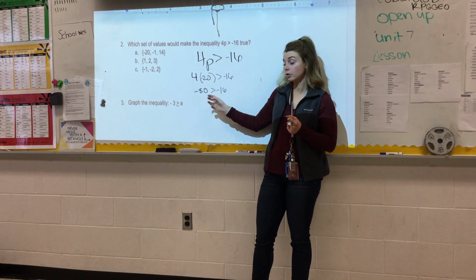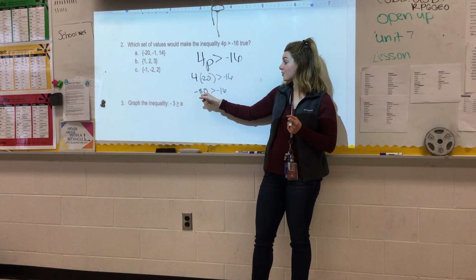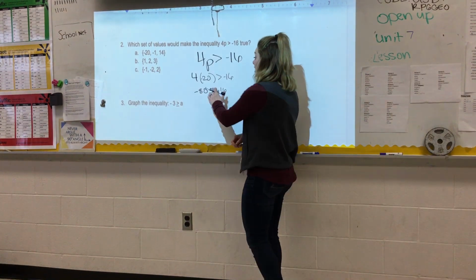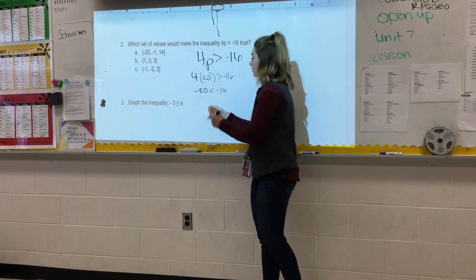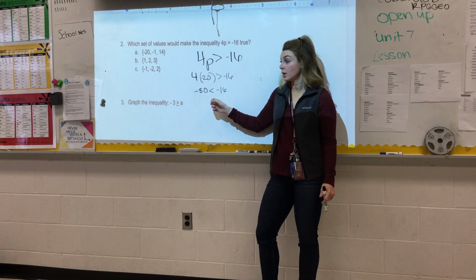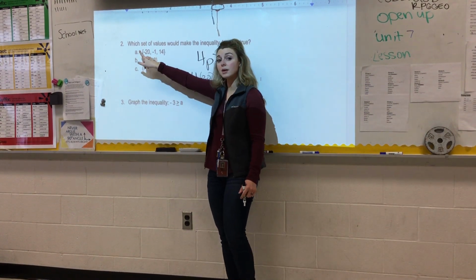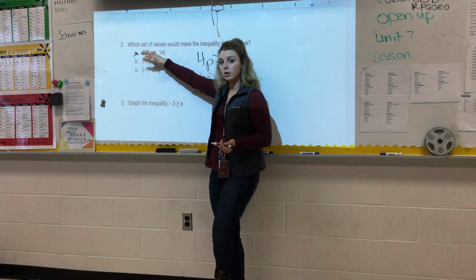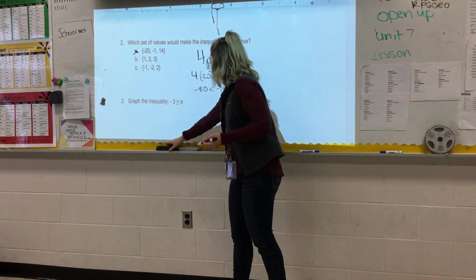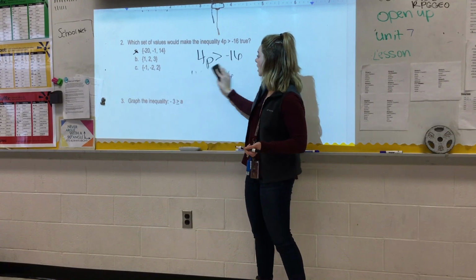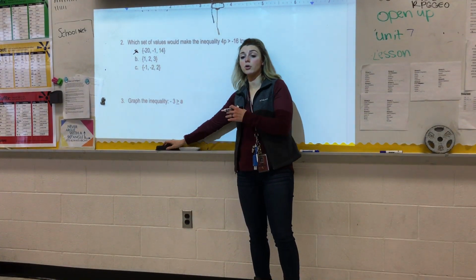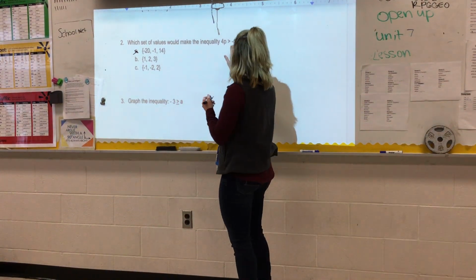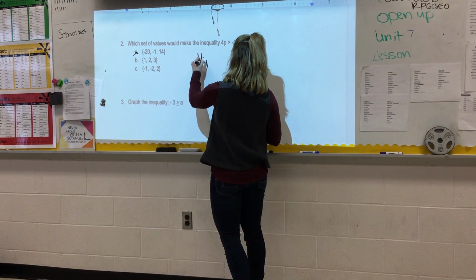So negative 80 would actually be less than negative 16. So we know the answer choice A, because it has that negative 20, will not work. We could try out the other two, but we don't need to. Because we're looking for a solution set that contains only numbers that are greater than negative 16 when multiplied by 4.